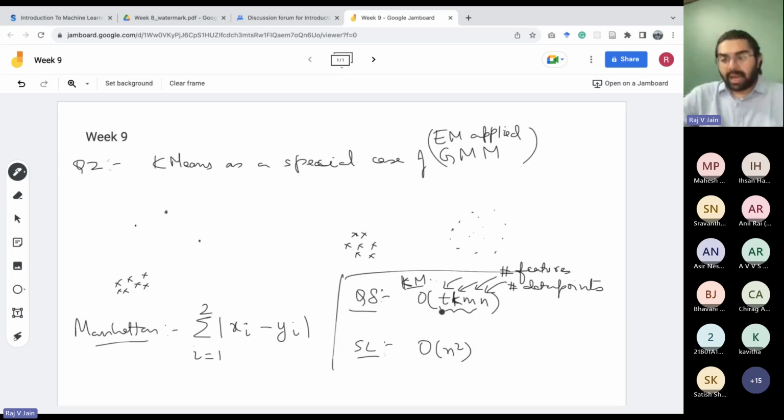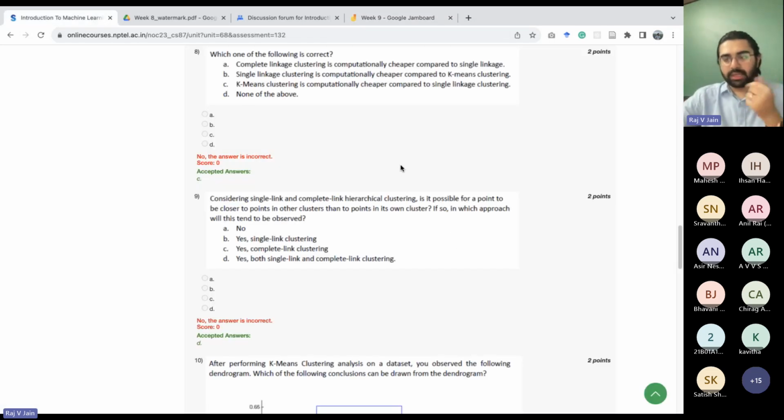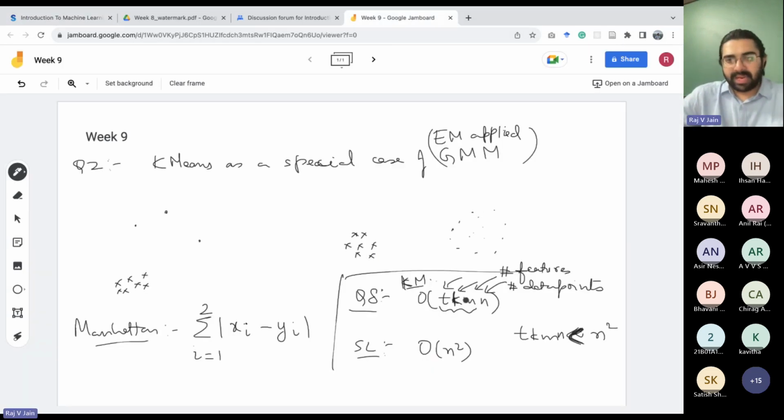So ideally this TKM number will not be as large as N. Therefore TKMN will be less than n squared, and we say k-means clustering can be computationally cheaper. But I'm not completely clear, so let's wait for the solution that comes out. There we can probably have a much cleaner answer. Does that help? This is my understanding of why it should be computationally cheaper.